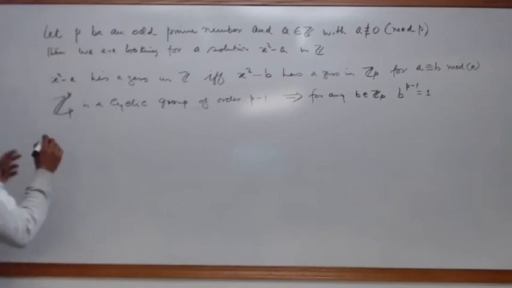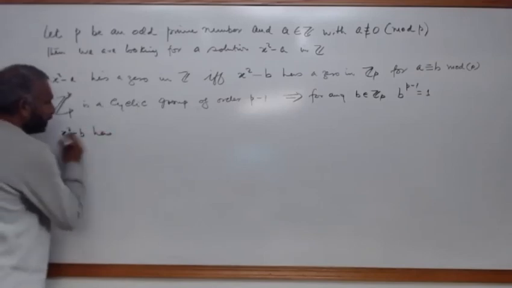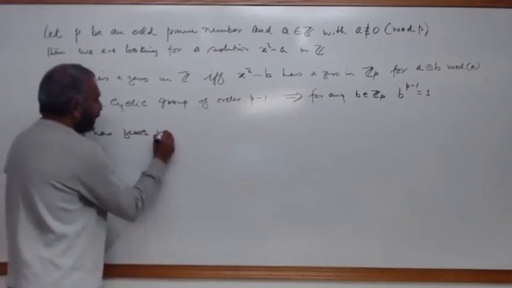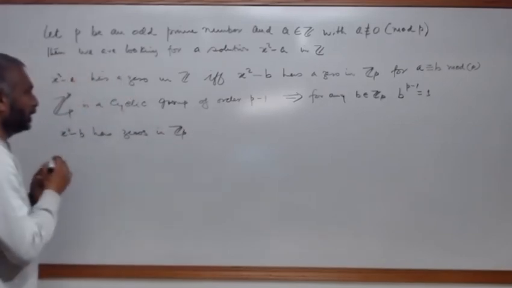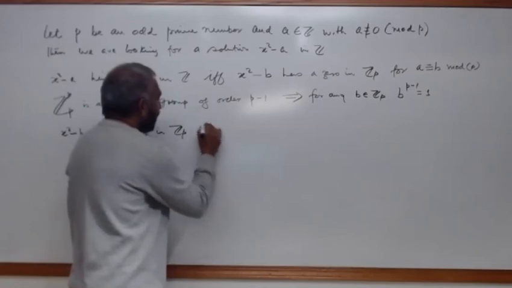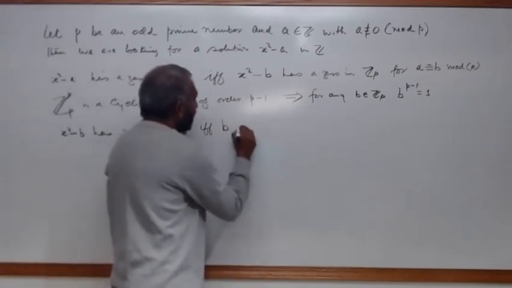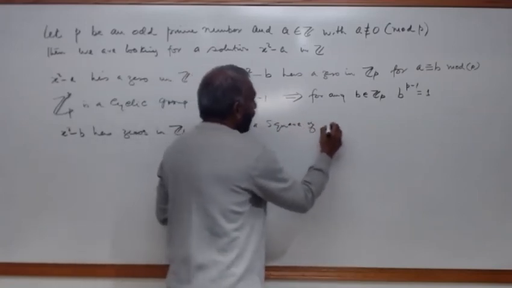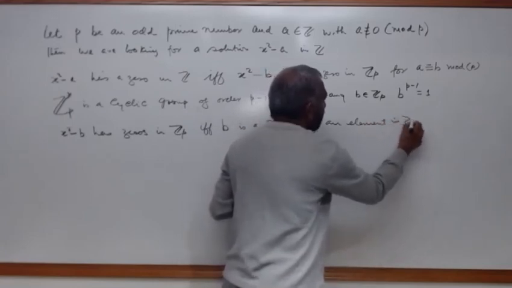Now, x square minus b has zeros in ZP if and only if b is a square of an element in ZP.